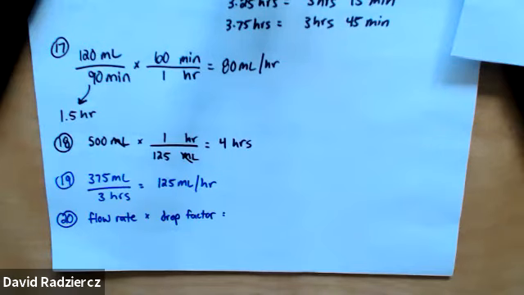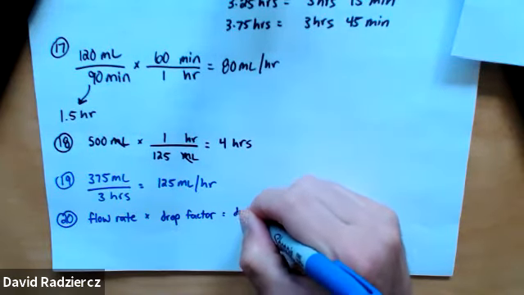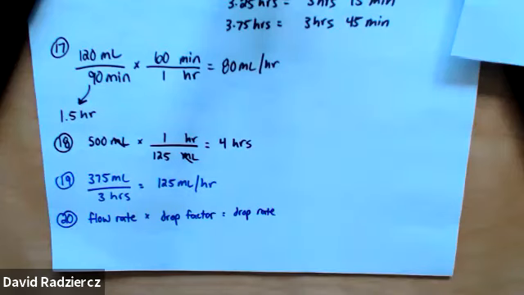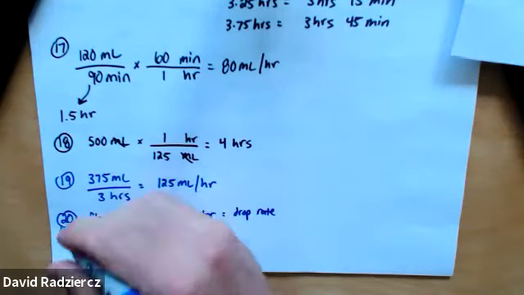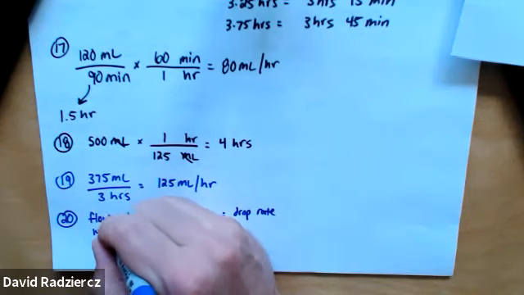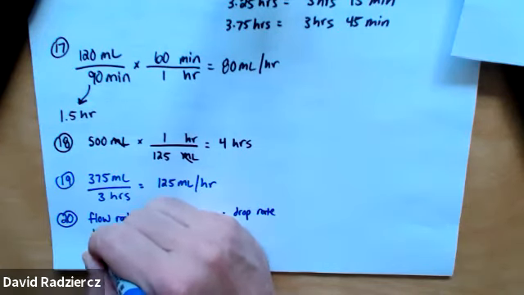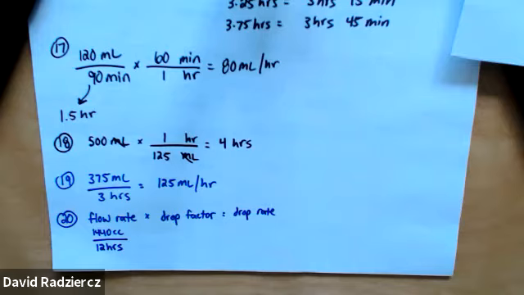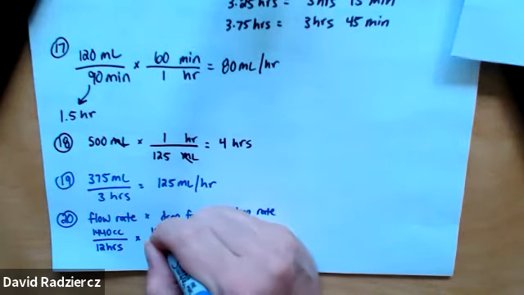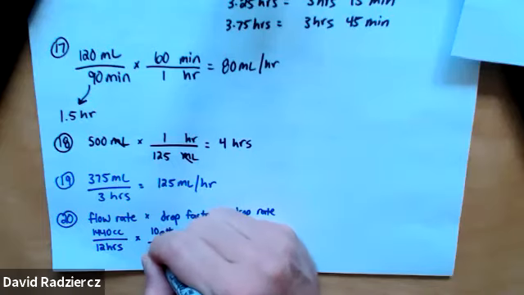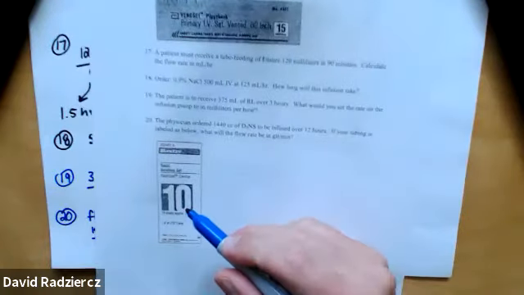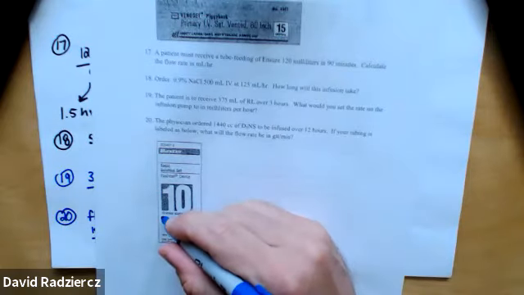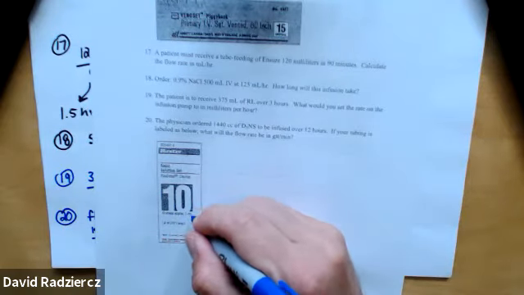When I know those 2 pieces of information, I can calculate my drop rate. It tells me already what the flow rate is: 1440 cc's over 12 hours. It tells me the drop factor, which is listed on the label, is 10 drops per milliliter. On your practice sheet, you have that big number 10, and written underneath it says 10 drops, approximately 1 milliliter.